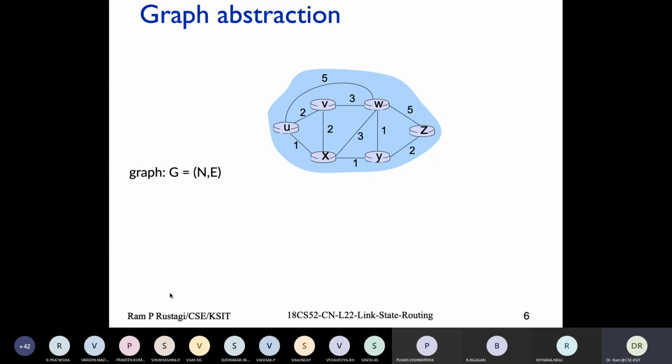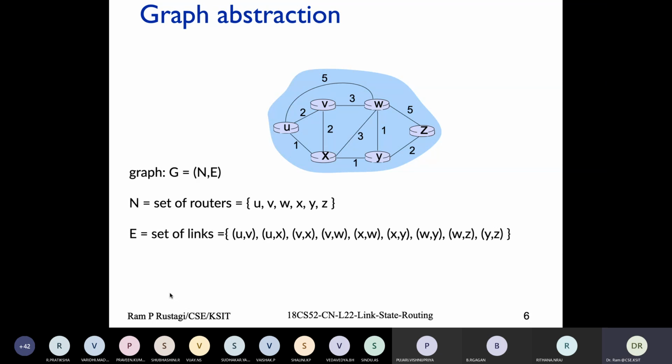So given this graph G of n nodes and some E edges, it has about 6 routers. You can say U, V, X, W, Y, Z. And there are a number of links, or edges, as you can look at. Basically we are representing our network as a graph where each node U, V, W, X, Y, Z is a router, and these are edges.